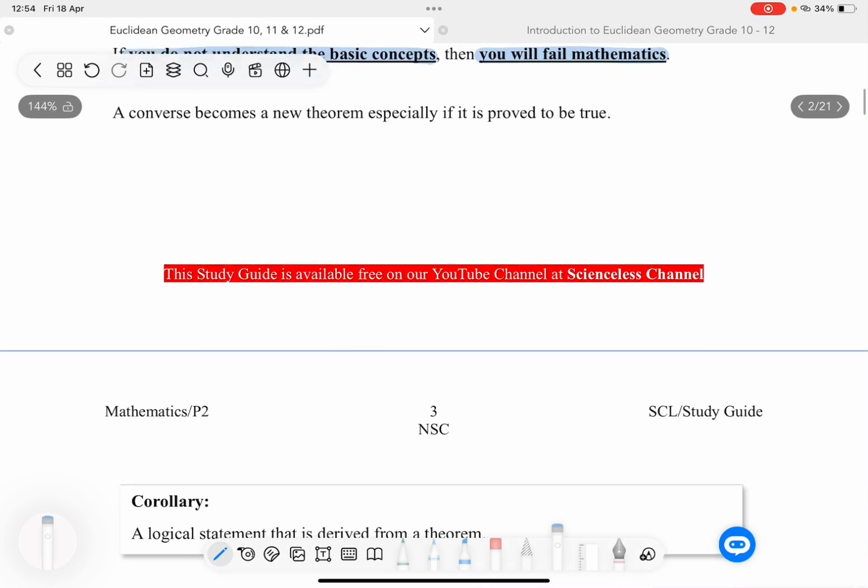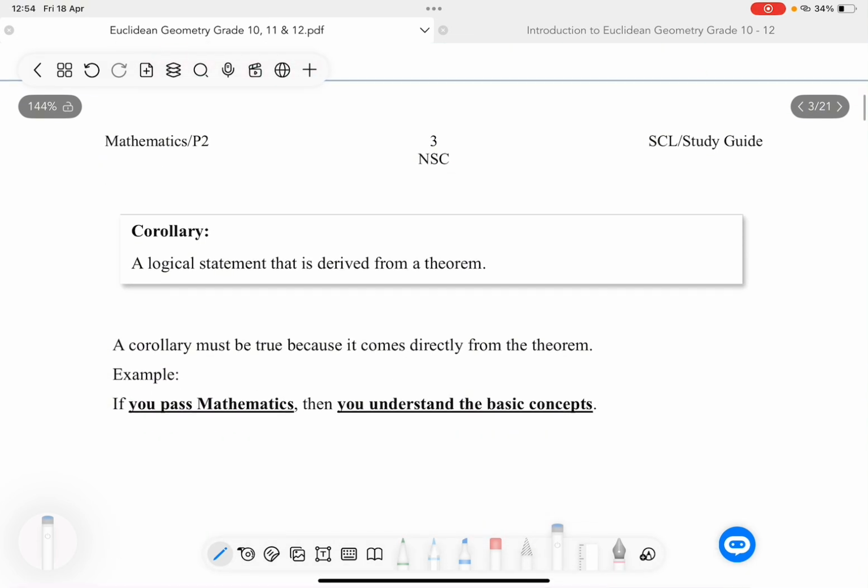The other concept that we need to understand is what we call a corollary. A corollary is a logical statement that is derived from the theorem. I think the key word here is derived. When we say something is derived, we mean that it comes from, it originates from.